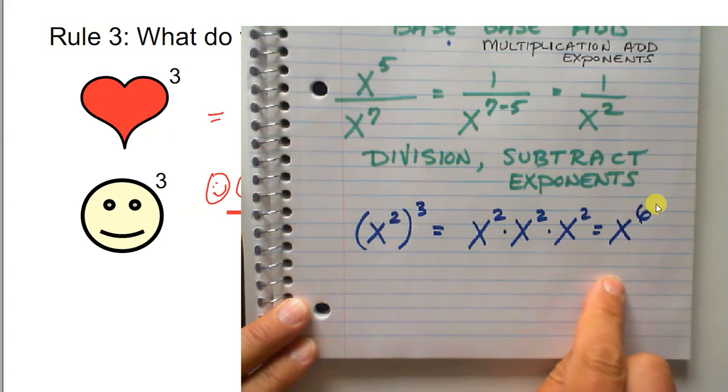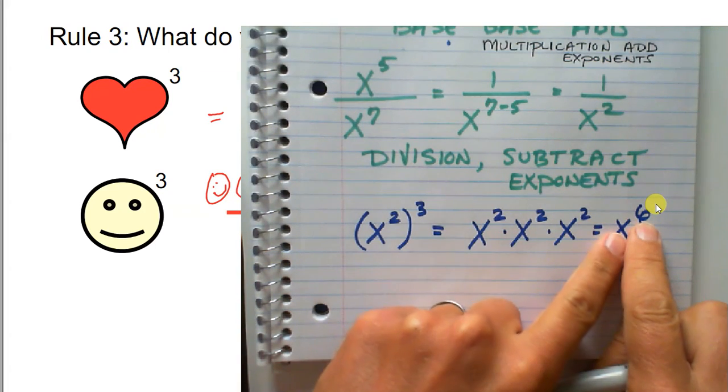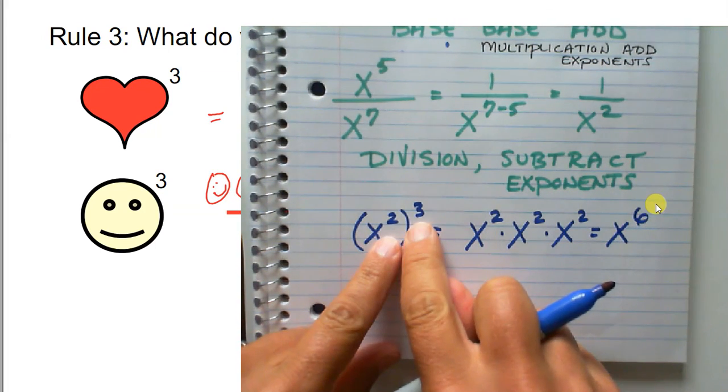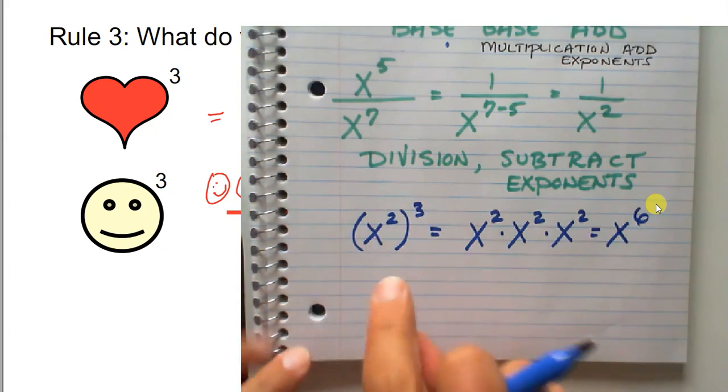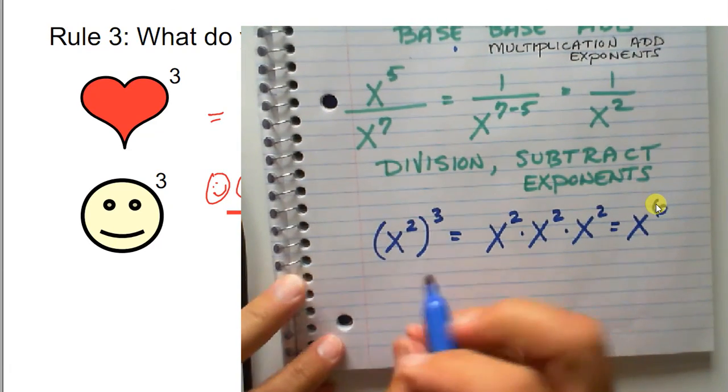So instead of doing this each time, though, look at this. You see that 6 right there? What's 2 times 3? 6. So we call this power, multiply the powers.